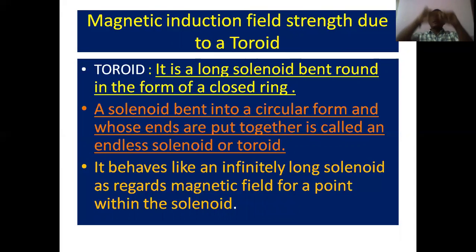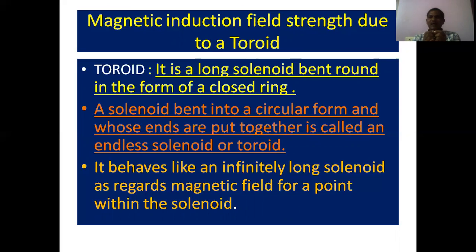If it is bent as a circular ring, as a closed ring, that is equivalent to the toroid. So a solenoid bent into a circular form and whose ends are put together is called an endless solenoid or toroid.